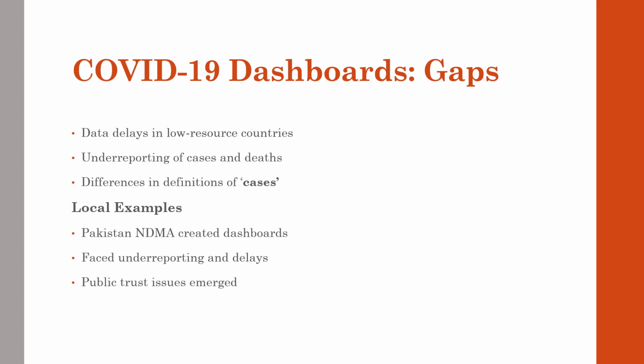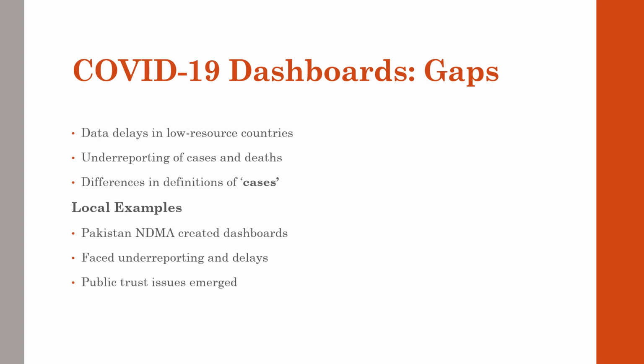COVID-19 dashboards gaps. While successful, these dashboards face significant challenges. Data delays were common, especially in countries with less developed health infrastructure, which meant the real picture was often a few days behind. Another gap was underreporting. Underreporting of cases and deaths was also a major issue, as not all cases were tested or recorded.